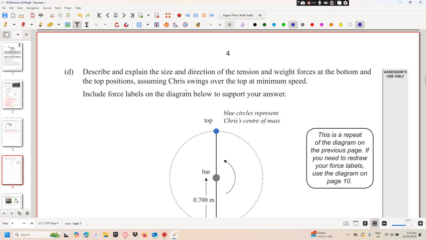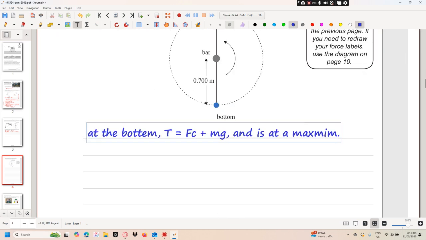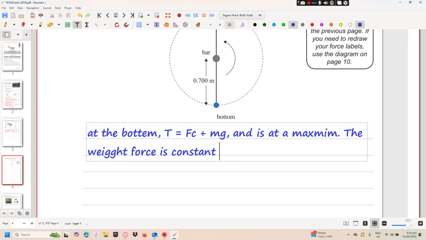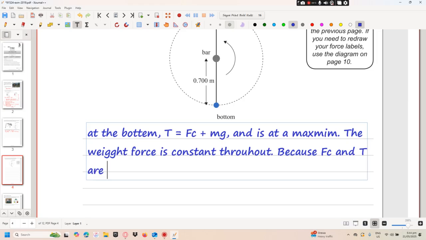Describe and explain the size and direction of tension and weight forces. The weight force is constant throughout. Because Fc and T are parallel, this point is the maximum.